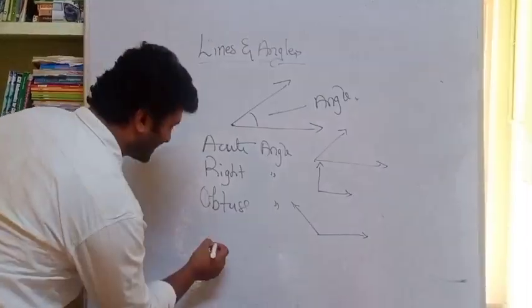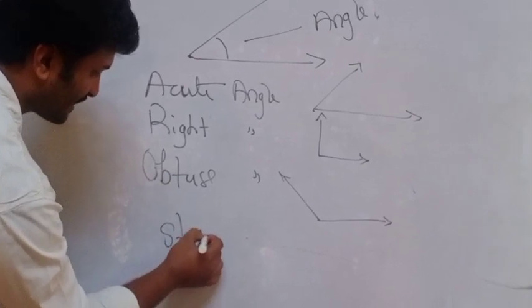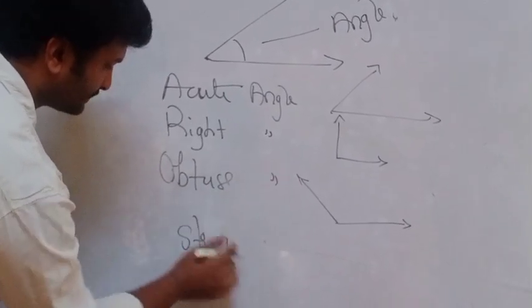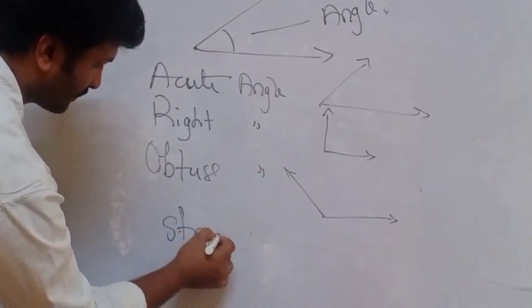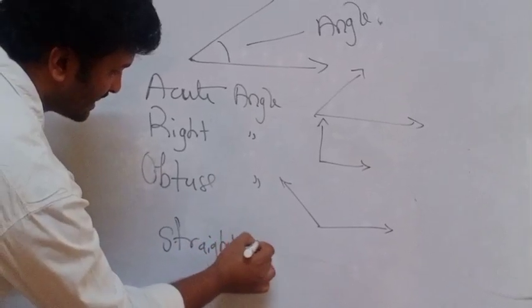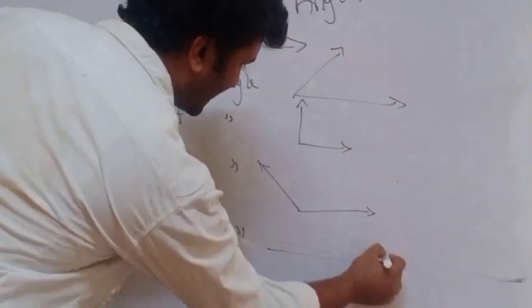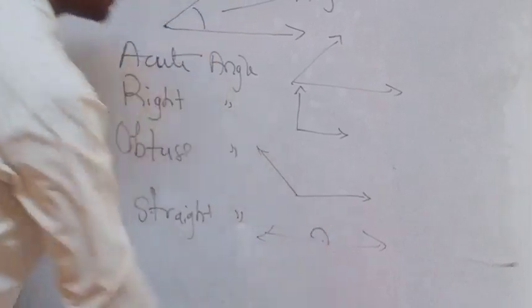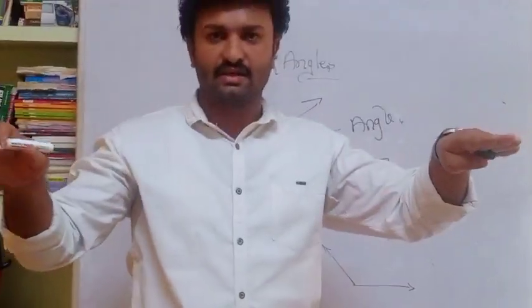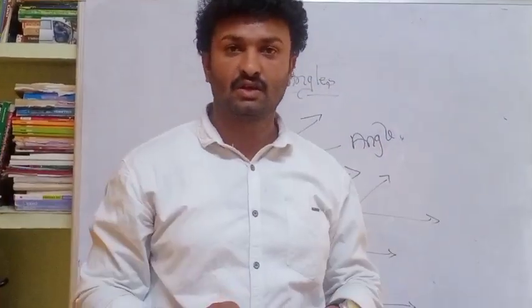Then straight angles. What are straight angles? The angles which measure exactly 180, a straight line.